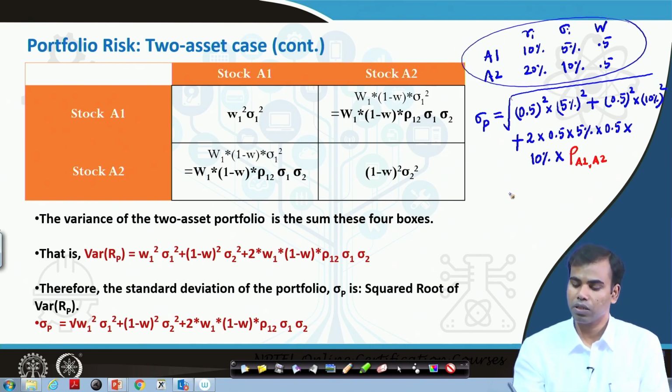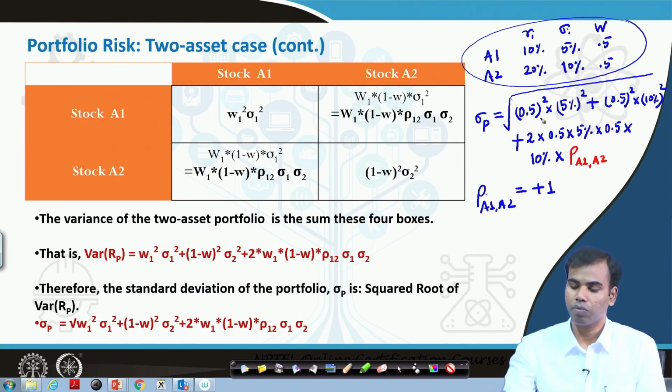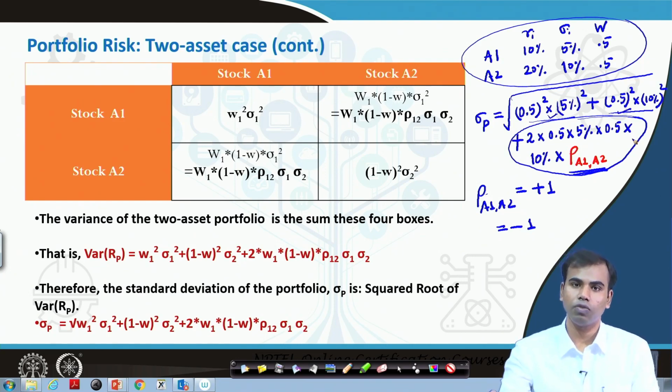Now, if we assume that this correlation is +1, so, if we assume here that the correlation between A1 and A2 is +1, this will add more risk to the individual risk of the assets. If we assume that this is going to be -1, then this entire factor will become a negative or the reduction from the total risk of each of the assets' individual risk.